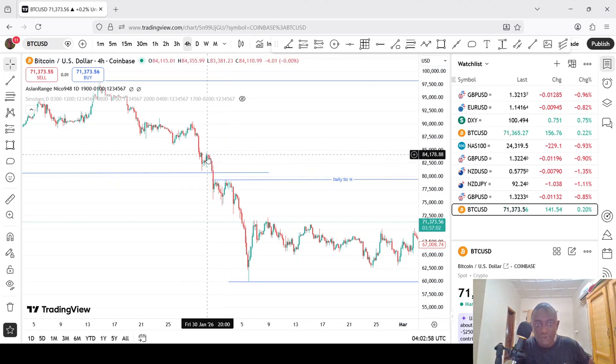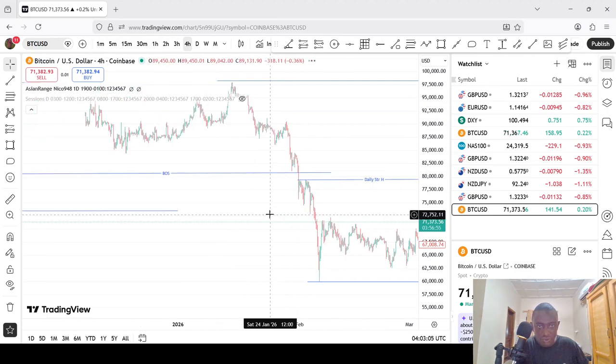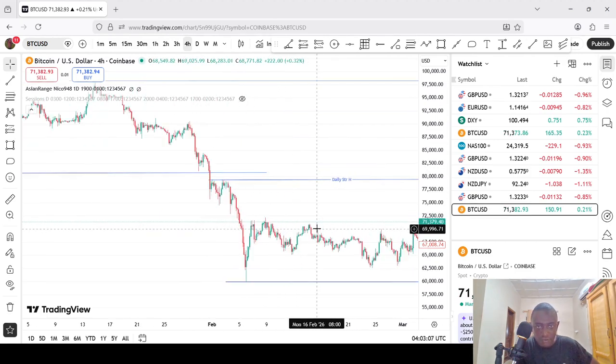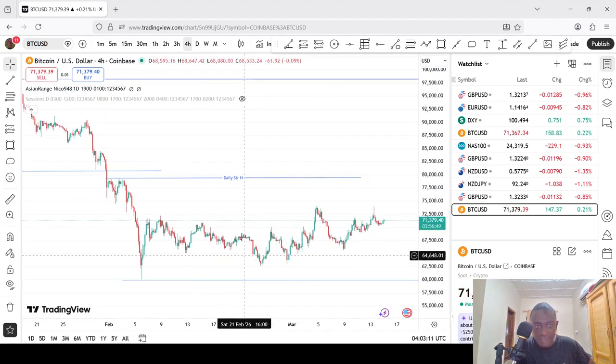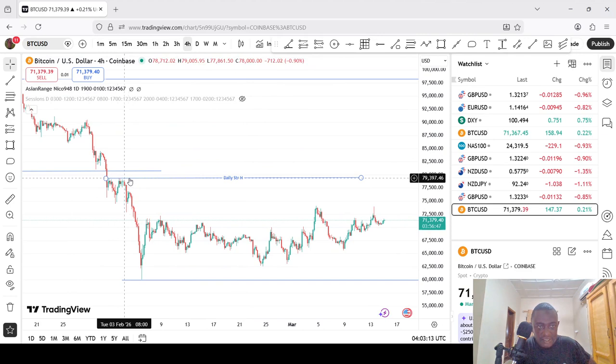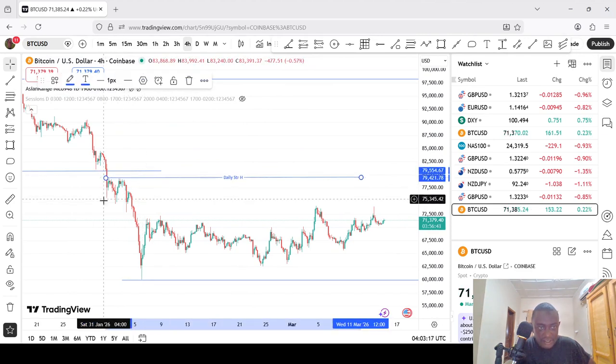Then at least we know why this should be pushed a bit up, just for us to have a good confluence. Or let's stick to what we have here. So we are just making analysis right from here.